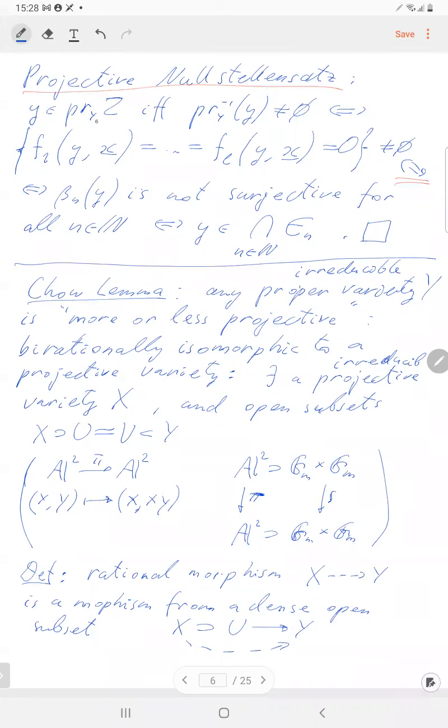For example, there is the inverse morphism to this pi, pi inverse. So it's not really defined everywhere. For example, you remember that the vertical line, except for the origin itself, is not in the image.